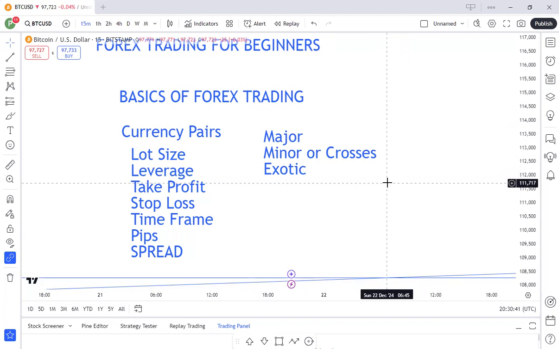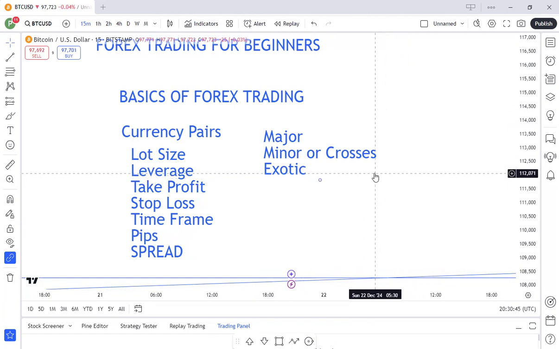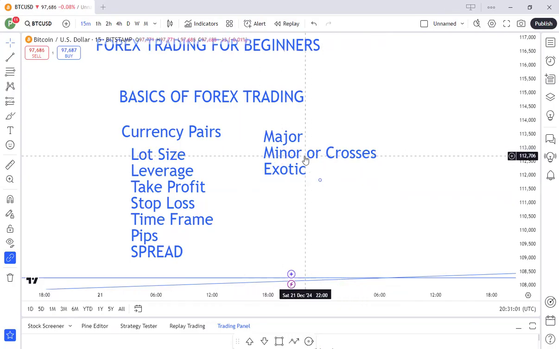So we have the GBP/JPY, the EUR/JPY, the EUR/GBP. All those that don't include USD are the ones under crosses or minor currency pairs.